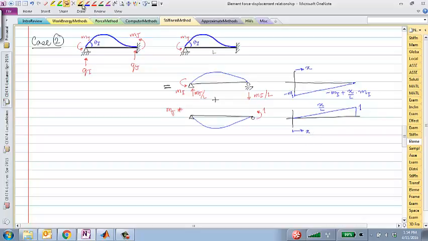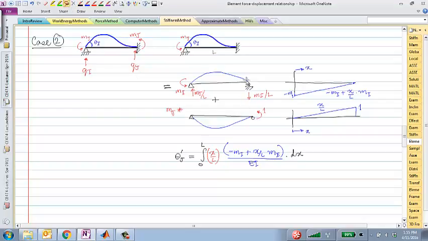So these would be the two equations. And under these circumstances, I can find theta j prime, which would be equal to the integral from 0 to L of the virtual bending moment, that's x over L, times the real curvature, that's minus mi plus x over L times mi, divided by EI dx.